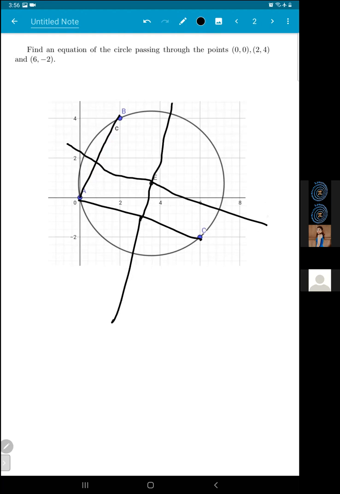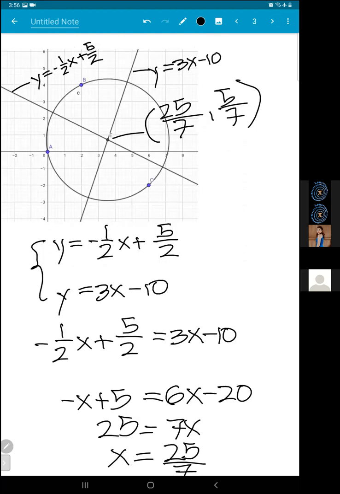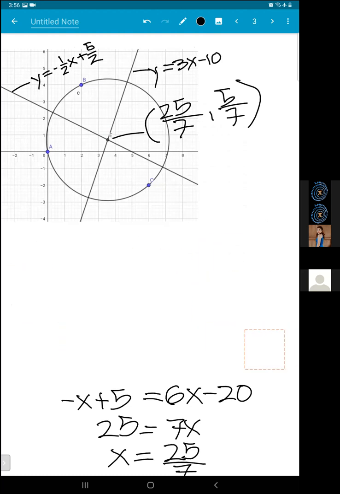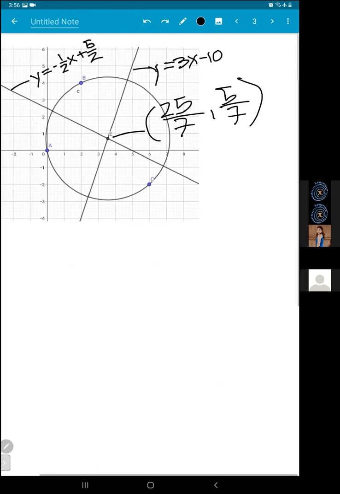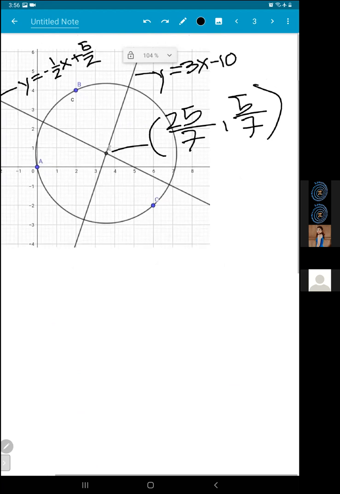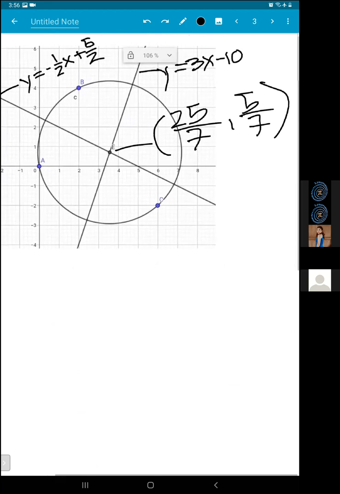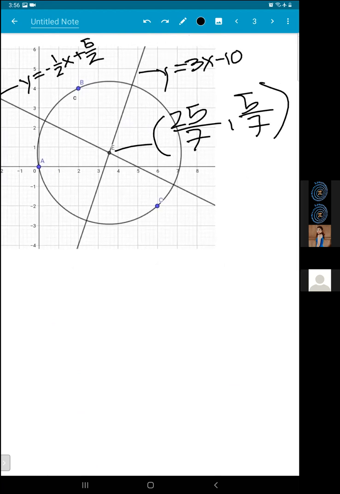Get their equations, solve for their point of intersection. And then, if done correctly, you should get the coordinates there: 25 over 7, 5 over 7. Now, we're not yet done. We still need the radius, but that's the easy part, assuming you get the center correctly.